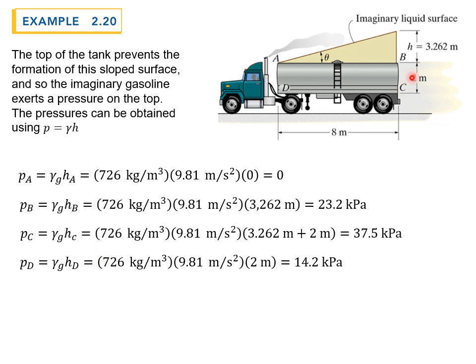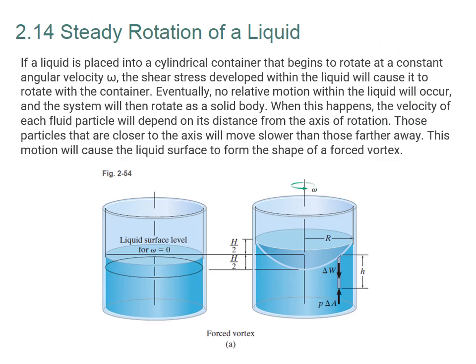For the pressure at C, you just add on 2 meters, so it's 5.262 meters. The pressure at D is based on the distance HD, which is 2 meters, the same height here as there. So the pressure here is 14.2 kilopascals.